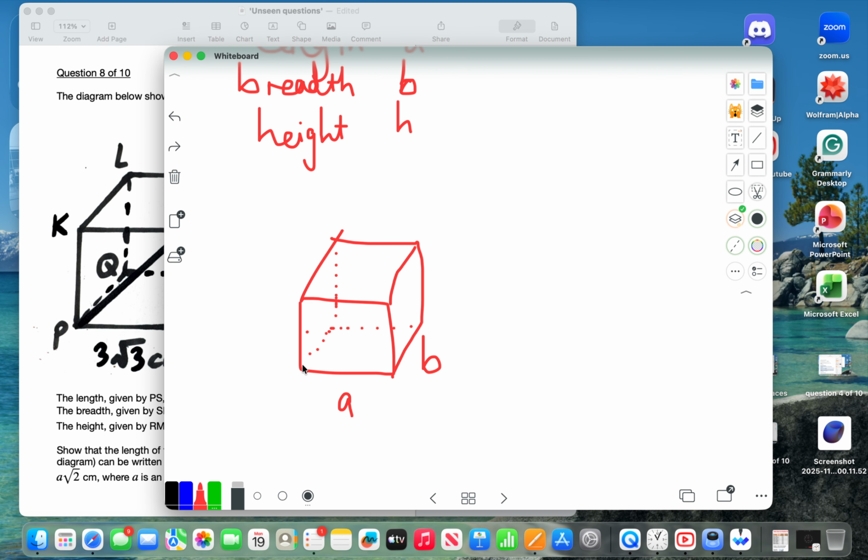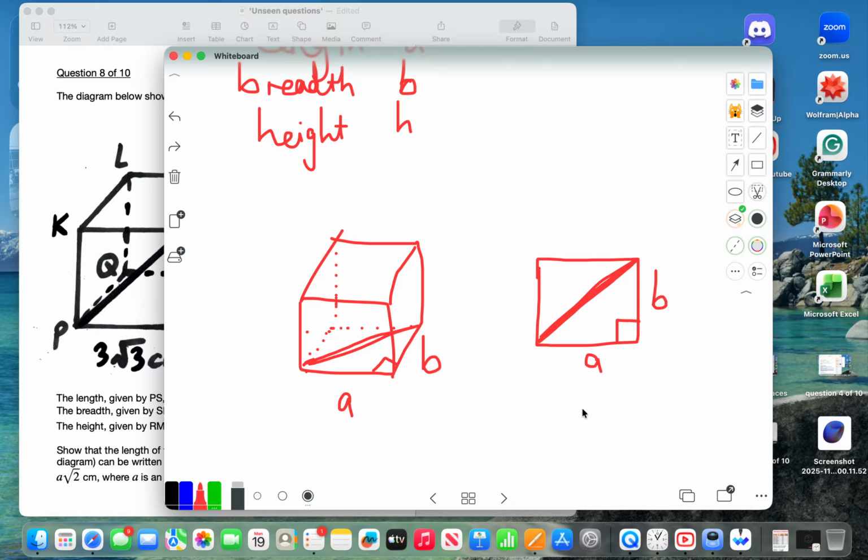Now if we want to find the face diagonal of, let's say, the bottom face, then it's this one, and this is right angled, so we're just looking at the base of it, the bottom face, and it would look like this, this would be A and B. And we want to find this length, the diagonal.